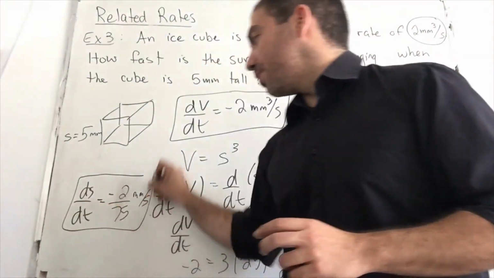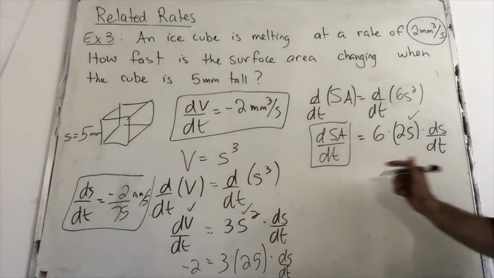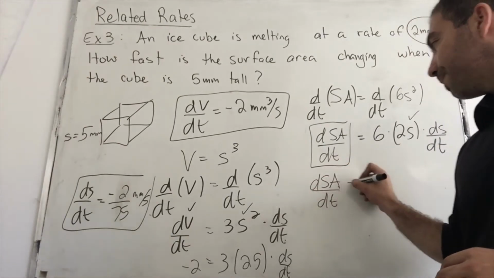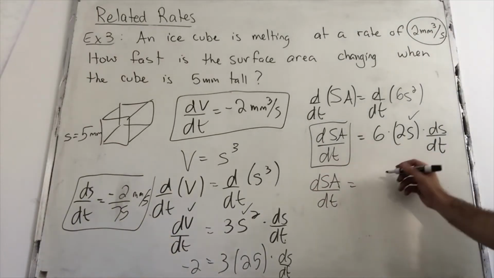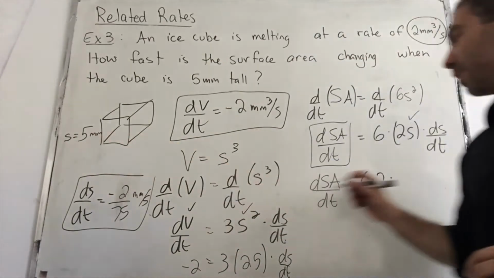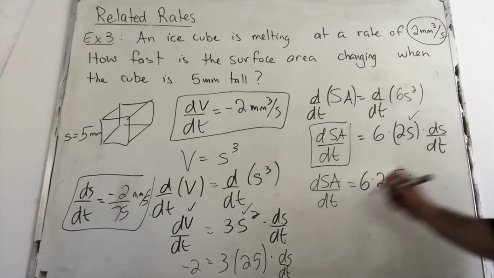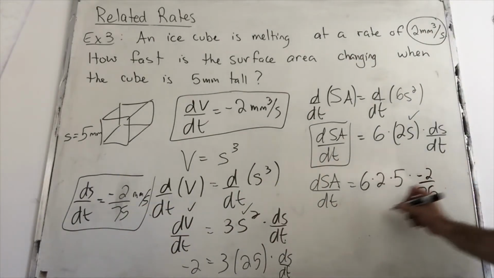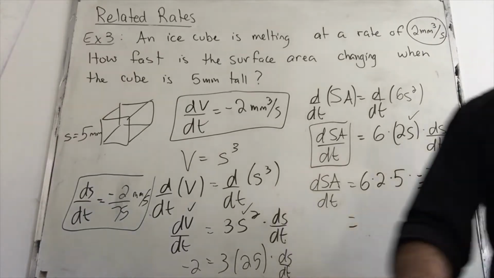And now we just substitute this into our other equation here, giving us that the derivative of the surface area with respect to time, the change in surface area, is equal to 6 times 2 times 5, and ds/dt we just found was -2 over 75. Okay, let me use a calculator.